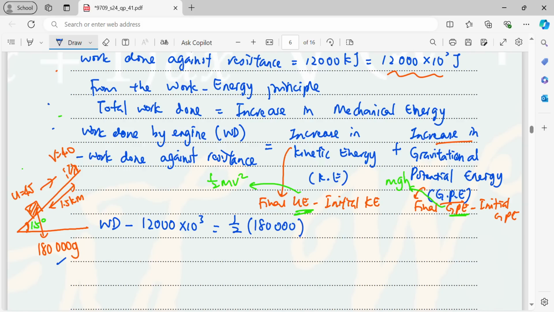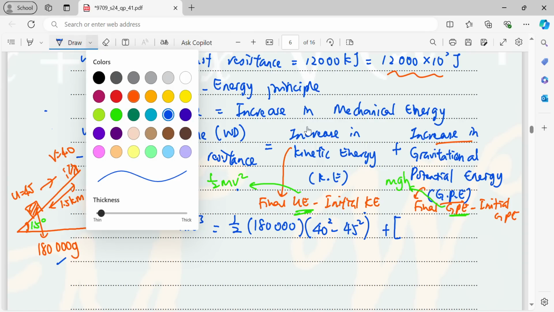Because I have factorized, half m is in common, so I will just write v squared minus u squared, so 40 squared minus 45 squared. Now I plus with mgh.